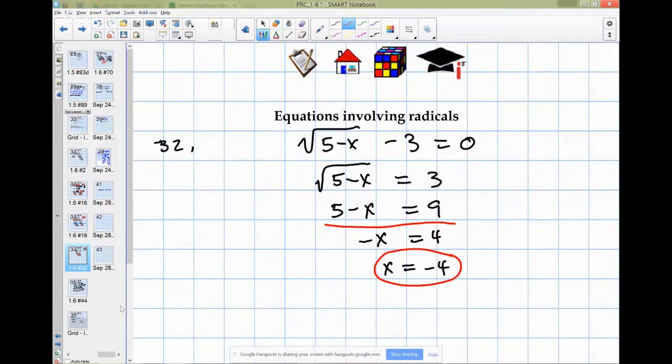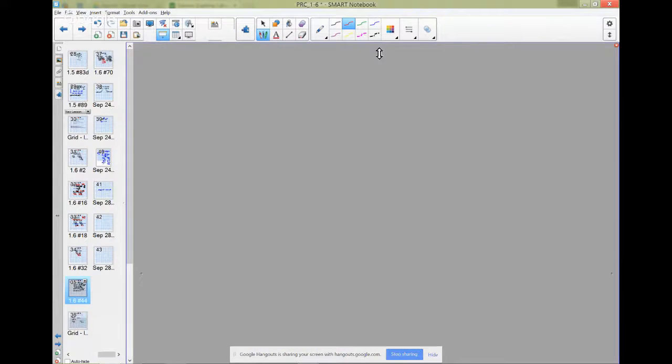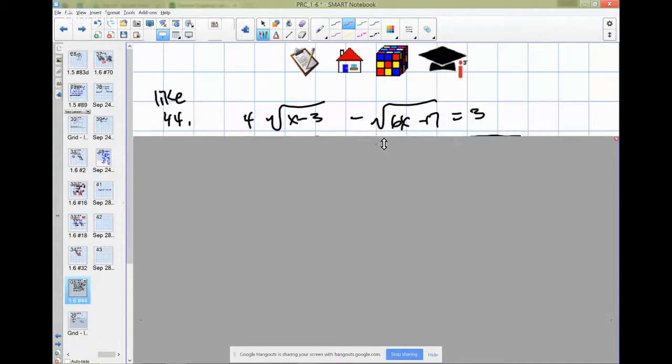Okay, so here we go. So lest I shock you too much, let's take it a step at a time. This is number 44 from the book.